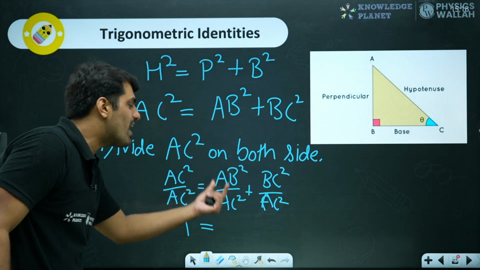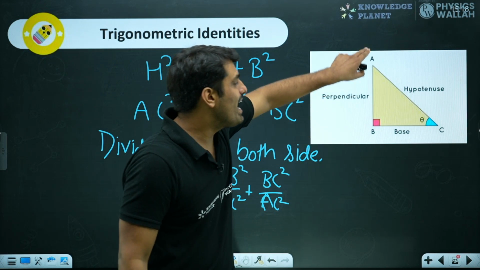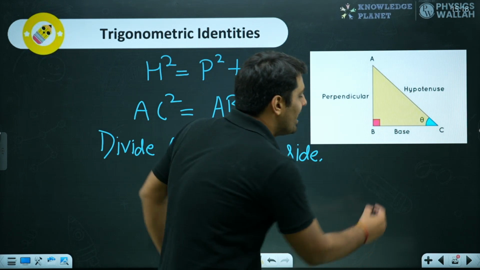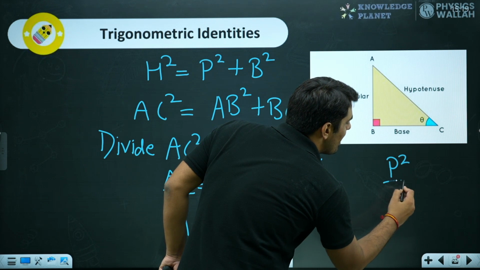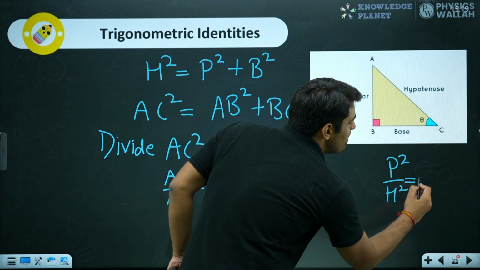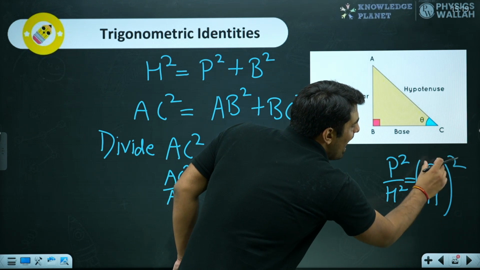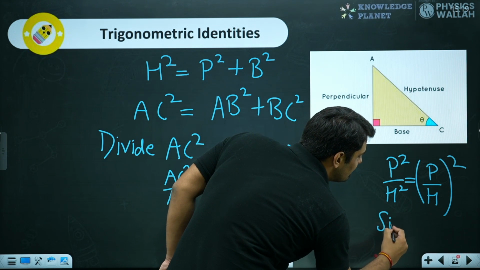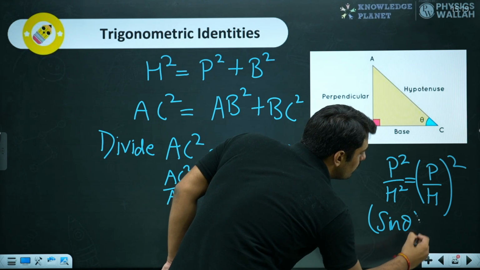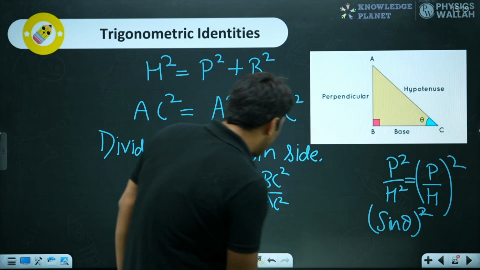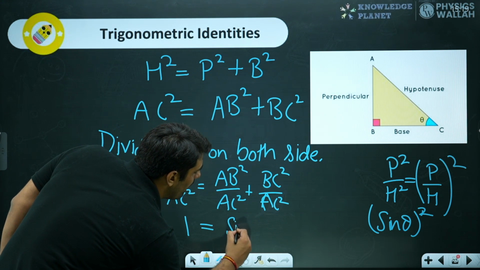But AB square by AC square, observe over here, AB by AC means perpendicular square by hypotenuse square. That can be written as perpendicular by hypotenuse whole square. And this is nothing but sine of theta. So sine theta whole square, which can be written as sine square theta.